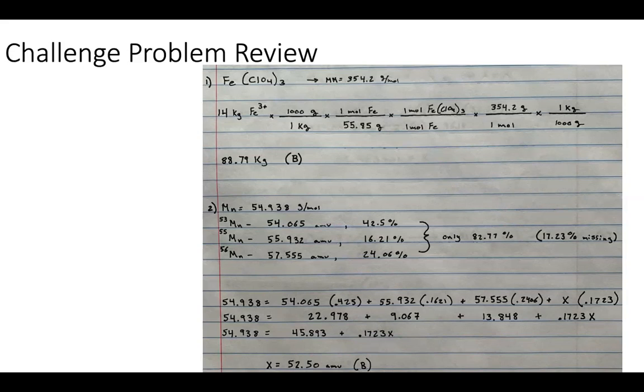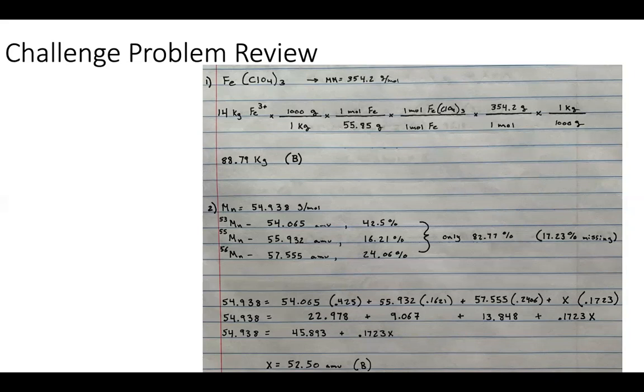So at the bottom of the page, the last 4 or 5 lines, that is our more typical equation for average atomic mass. The first number, 54.938, is our average atomic mass for manganese as a whole. We set that equal to the mass times the percent abundance, in decimal form, of manganese 53.